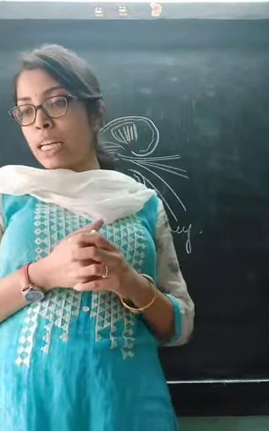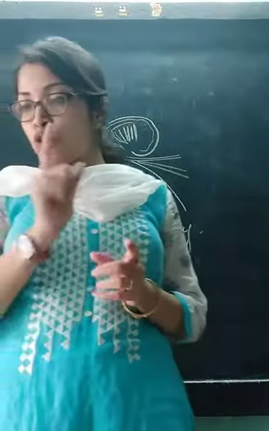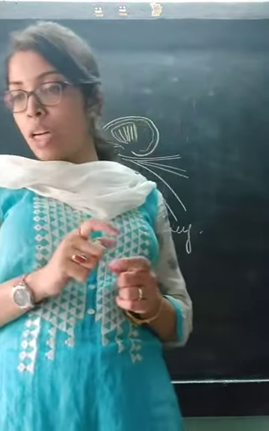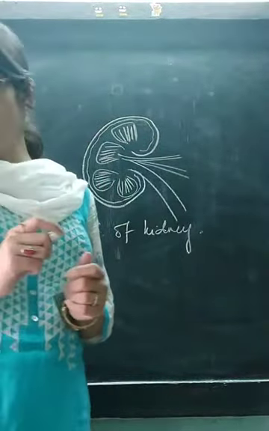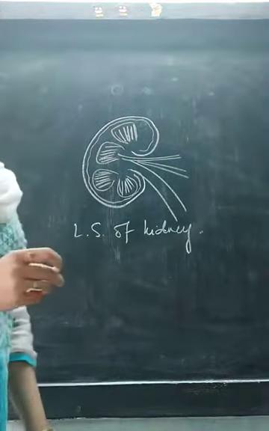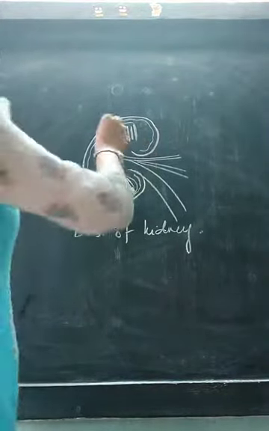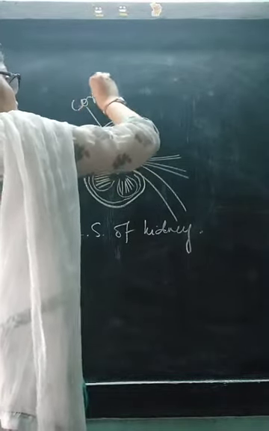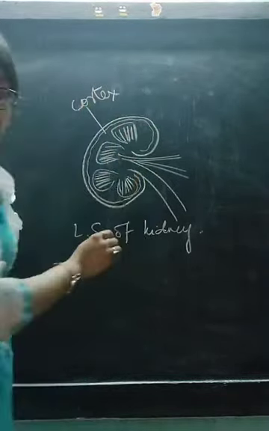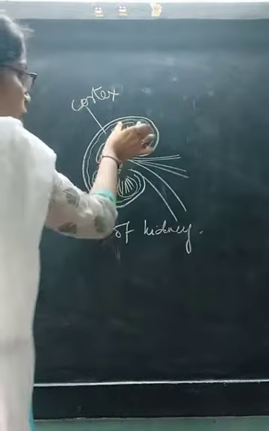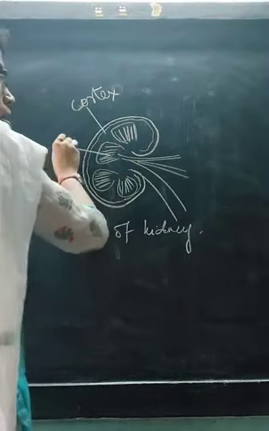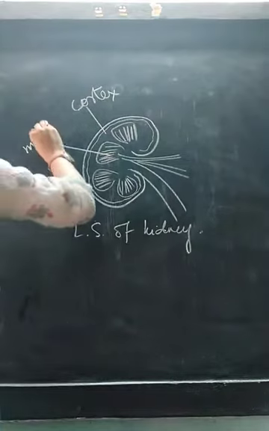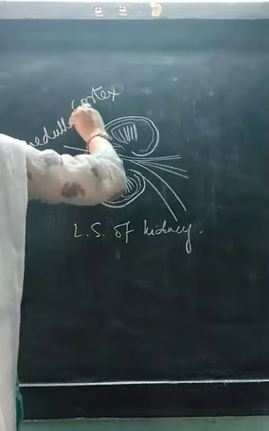Now each kidney in longitudinal section shows two distinct regions, an outer dark region called cortex and an inner lighter region called medulla. So here the outer portion is known as the cortex and the inner portion is known as the medulla.